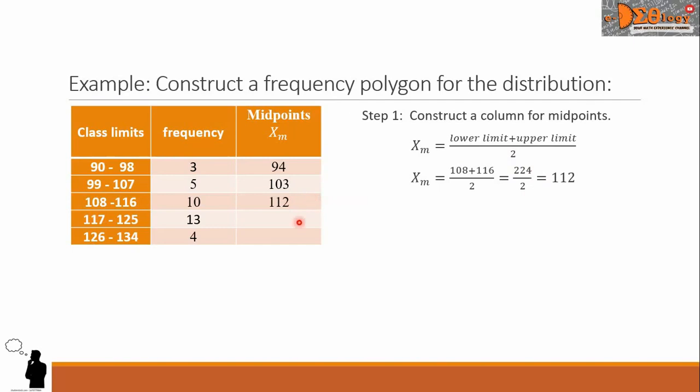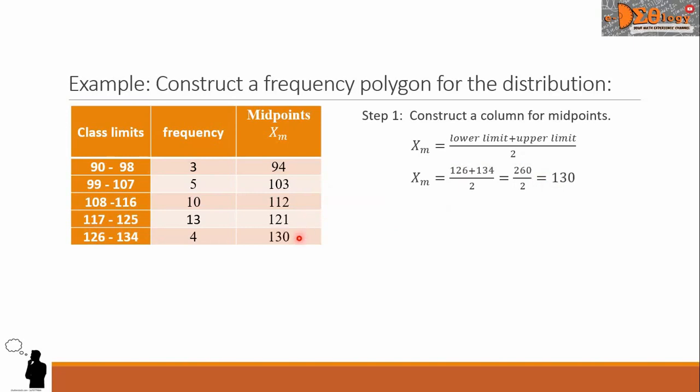The next number for the midpoint is 121. That is 117 plus 125 divided by 2. The sum of the numerator is 242. Divide by 2, the answer is 121.